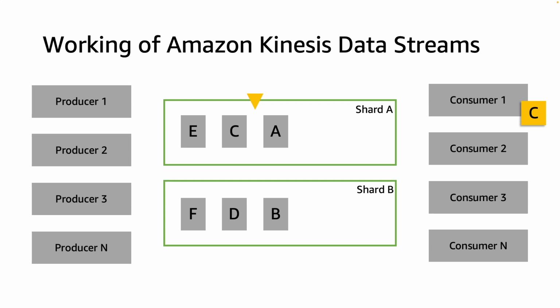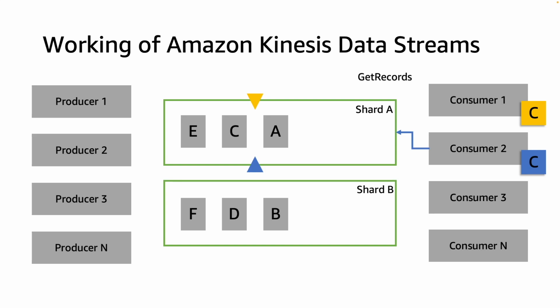Now at the same time, consumer 2 issues a get shard iterator request, and the reference is at E. Now it will start reading the message E. Okay, now it will start reading C as well as the next message with get record. If you see, consumer 1 and consumer 2 are both reading the same message. This is very different from the queue that we have seen.